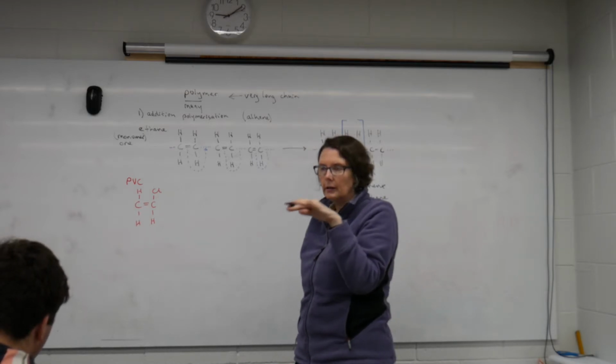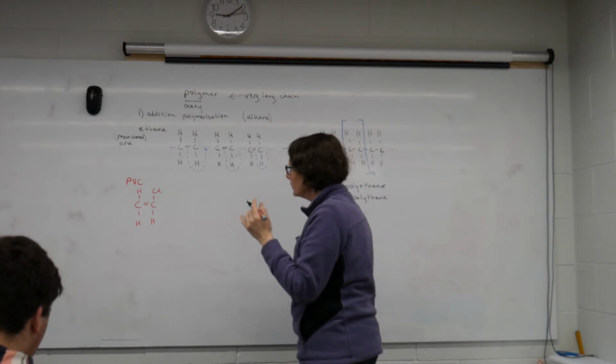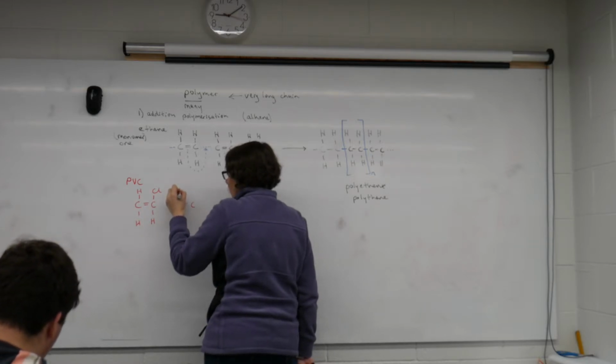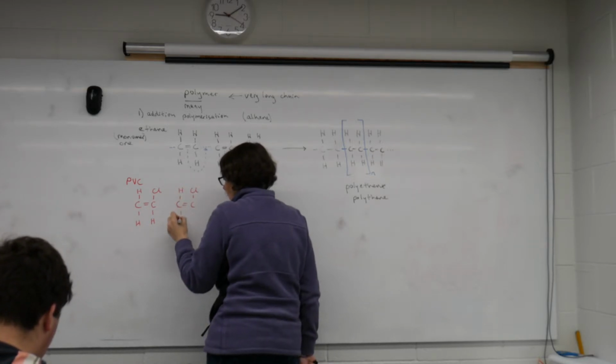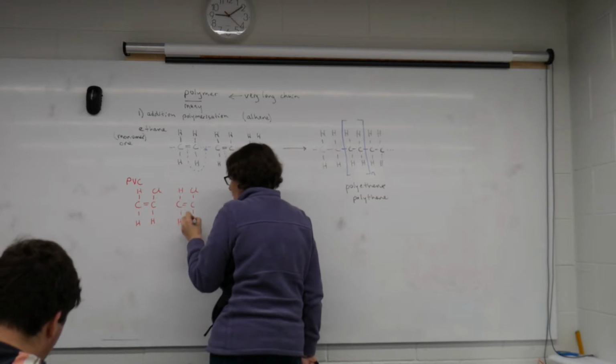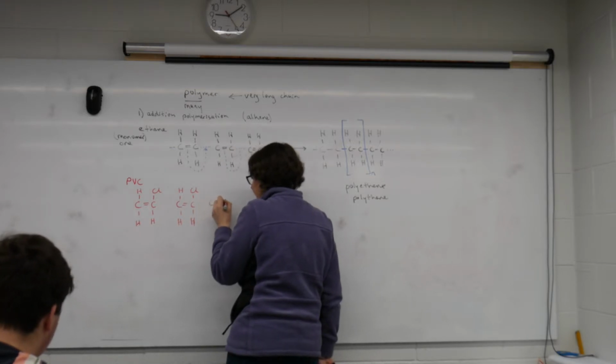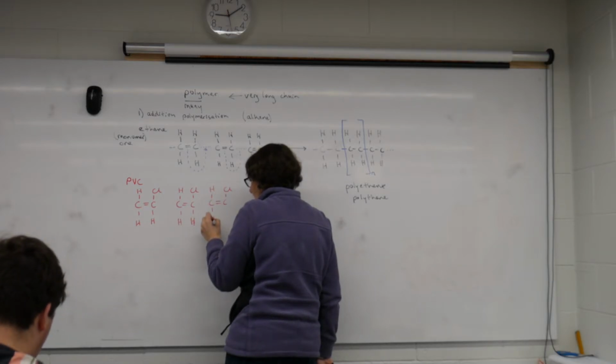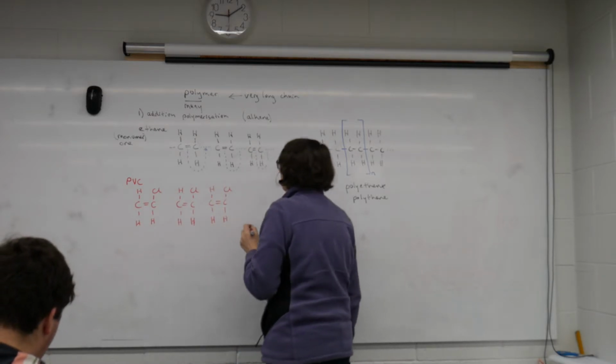Again, I'm putting my double bond horizontally and everything else vertically, so that when I look to see what am I going to make when I polymerize this monomer, it's very easy to see what's happening.